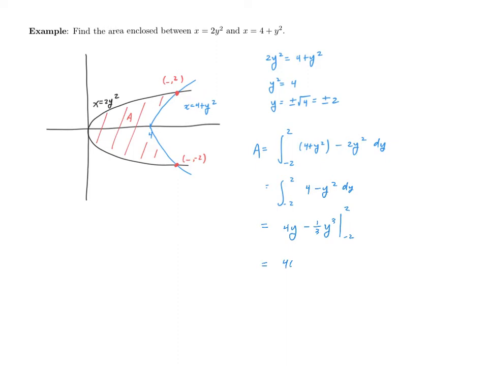So replace each y with a 2, minus sign, replace each y with a minus 2. And we can leave it exactly in this form. The quantity that we get back is going to represent this enclosed area.